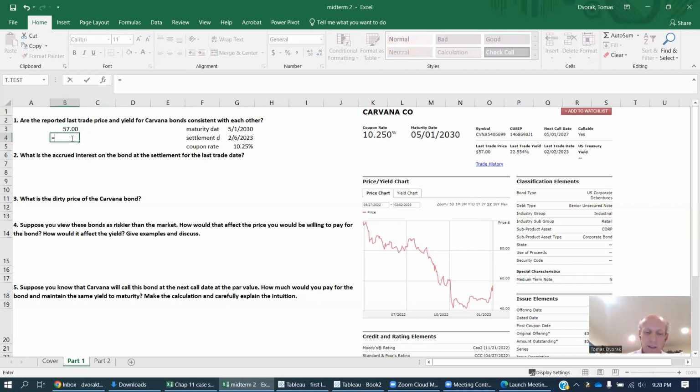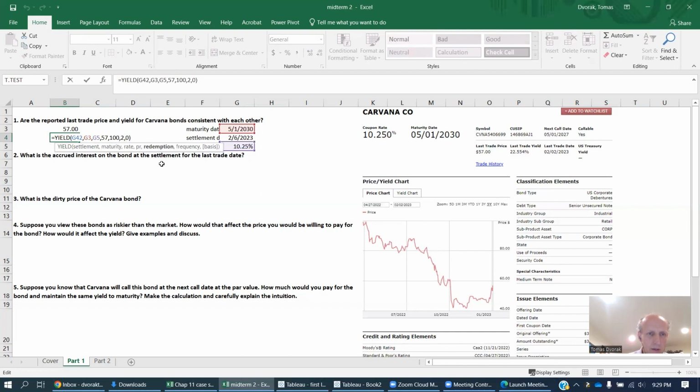We can check that the yield is also consistent with the price. We're going to do yield. The settlement date is February 6th. Maturity date is here. The rate is here. Price is 57. Redemption is 100. Frequency is semi-annual. Days basis is 360. I'm going to hit enter. Oh, we got something is off.